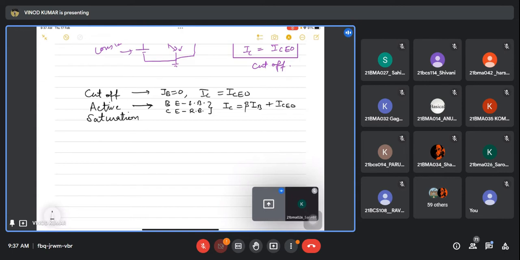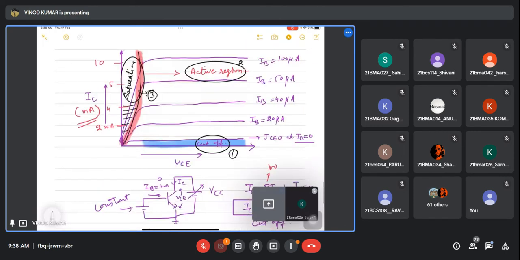That is quite obvious. In case of saturation, base emitter junction and collector emitter junction both have forward bias. Right? IC is becoming less than or equal to this. These are the 3 conditions we have.